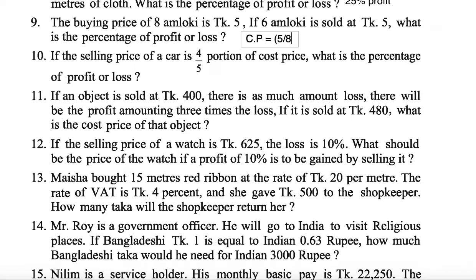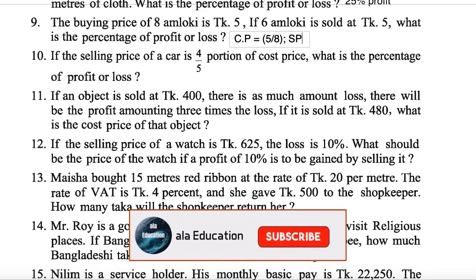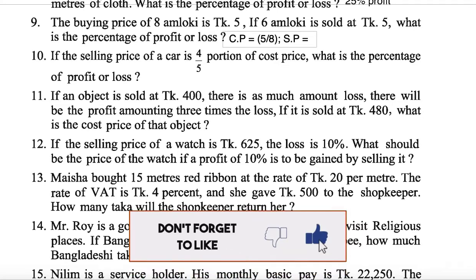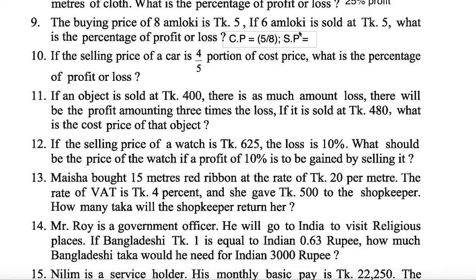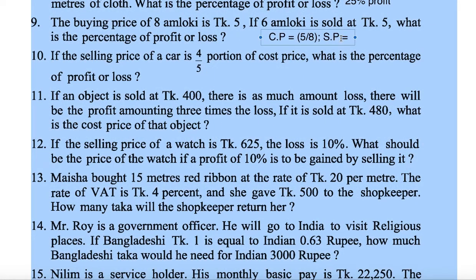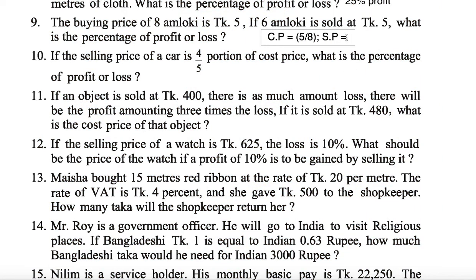What is the selling price for 1 almond? It is 5 by 6 taka.